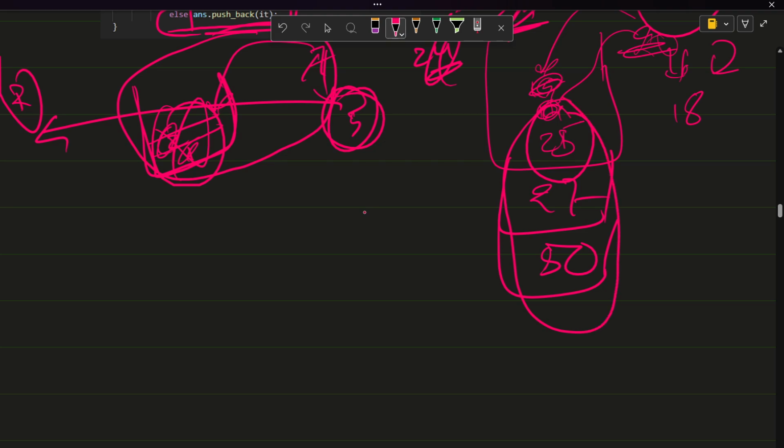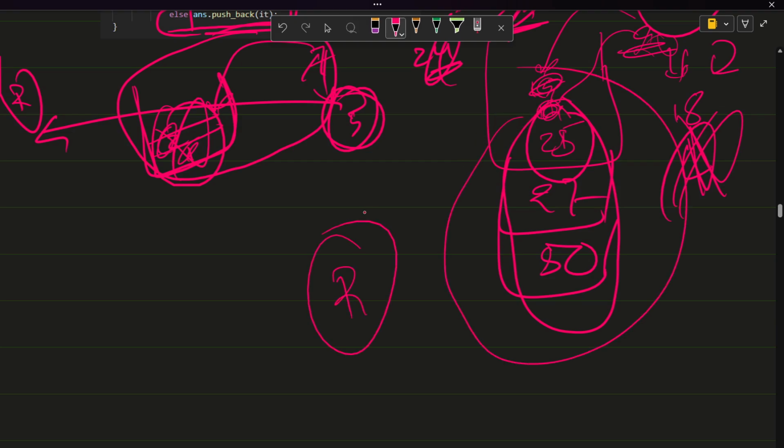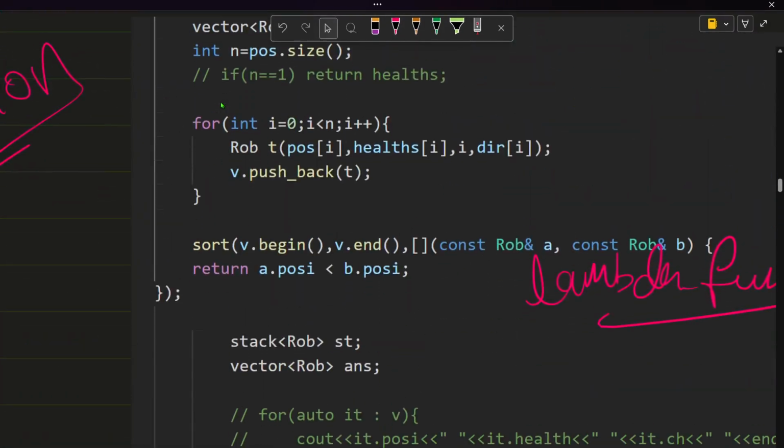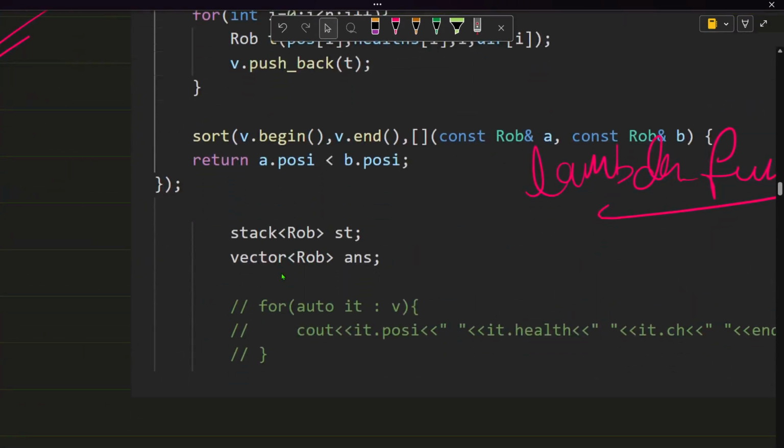After the whole vector, if there are no left robots left, robots with the left side are not left, and only these three ones with the direction right or left remain, now there is no one who can remove these three from the game. So we will also be including these three in the vector of answer that we just declared here. So we will be including these three in this one.